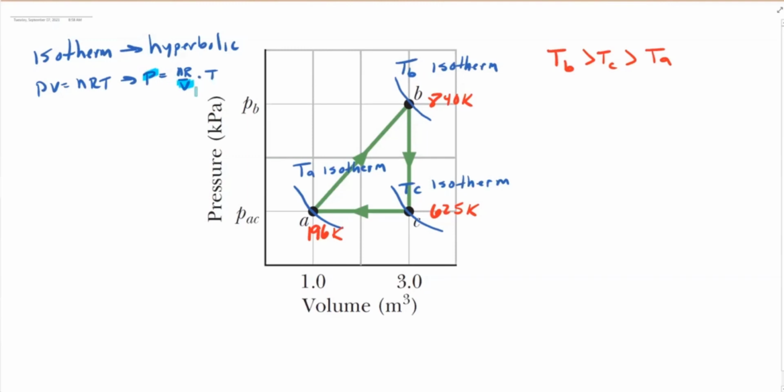You can see that they're inverses of each other. So these are inverse curves.